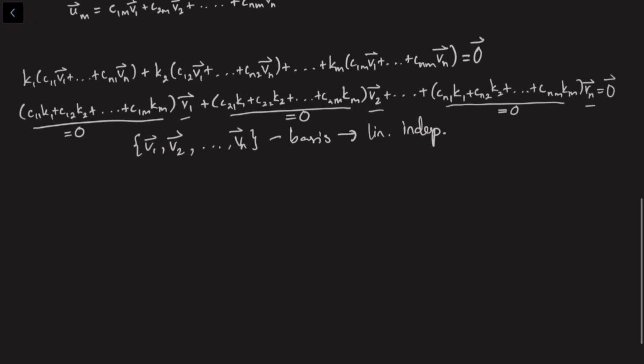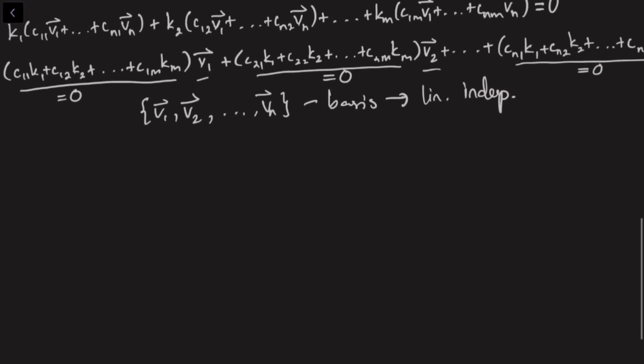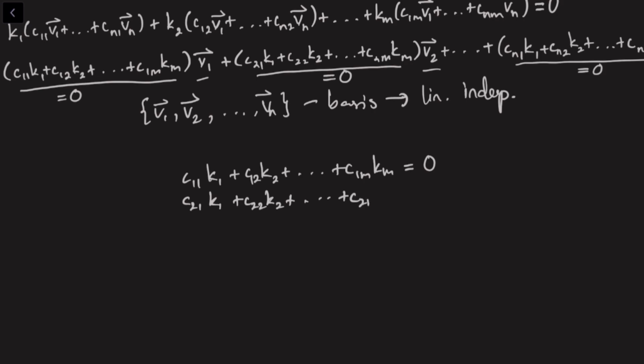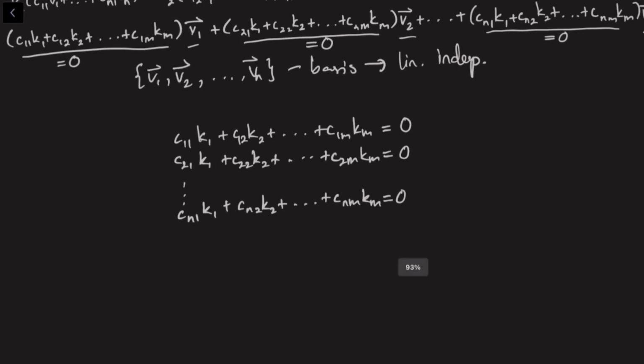So from there we'll have a system of linear equations: c11 k1 plus c12 k2 plus up to c1m km equals 0, c21 k1 plus c22 k2 plus c2m km equals 0, all the way up till cn1 k1 plus cn2 k2 plus cnm km, which is 0.